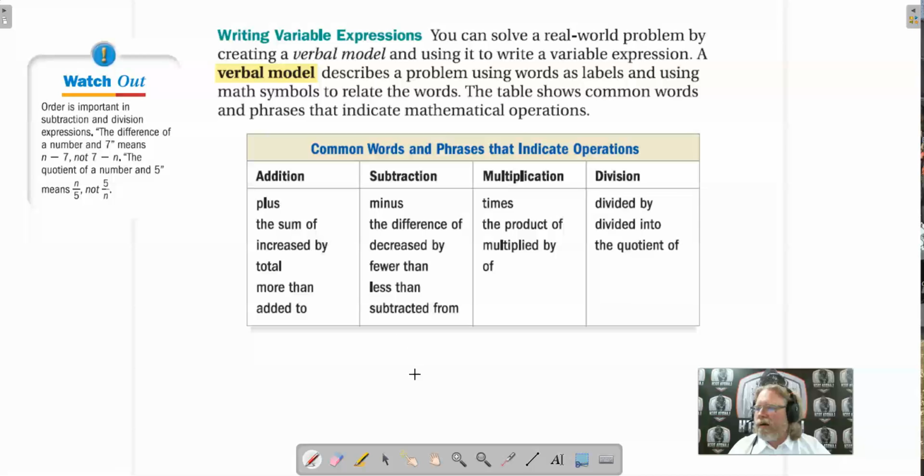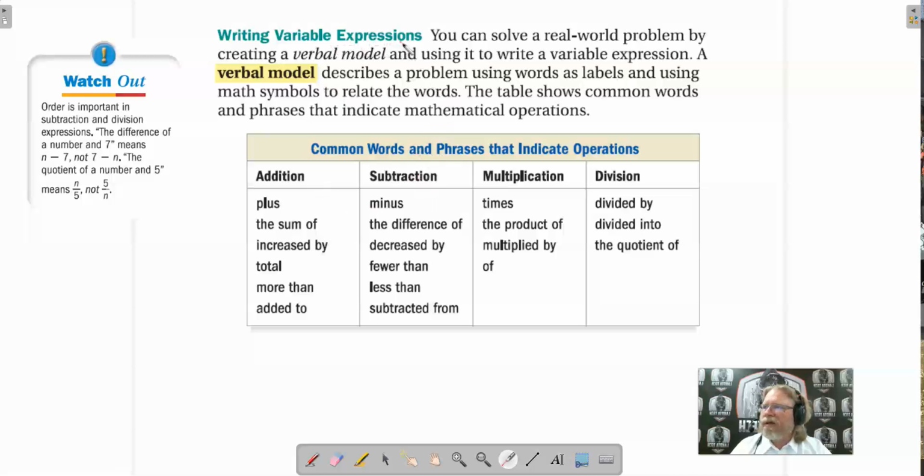Looking at our next page, we have a watch out notification over here. I think we'll get to that after we read this part here. So let's put the watch out to the side, and look at this first paragraph above this table. It's a table because it has columns and rows, right? We use tables to organize information.